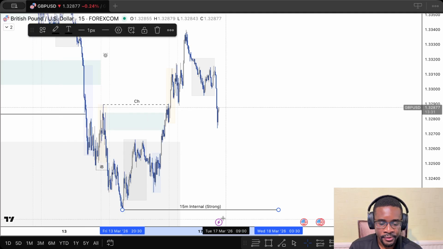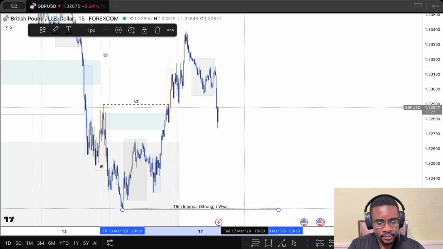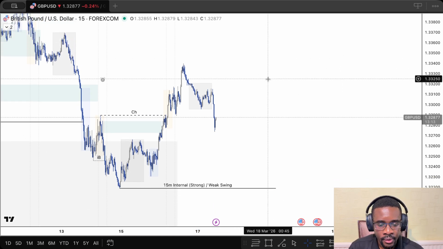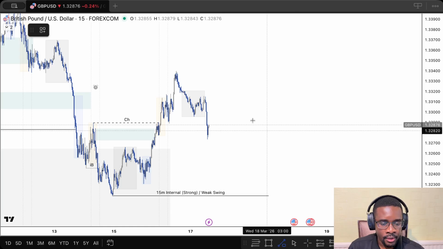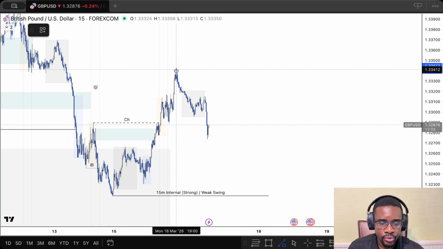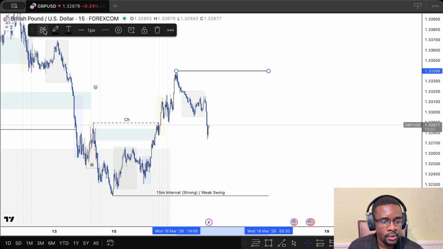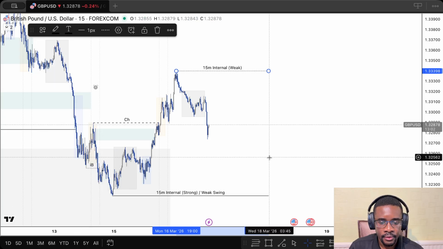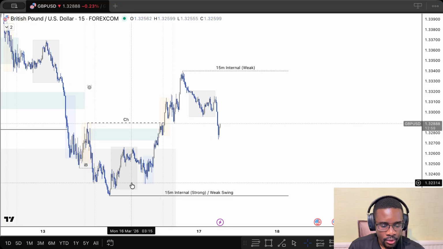So I'm going to do strong internal slash weak swing. Right, and then that becomes the top of the range. That's our weak internal.